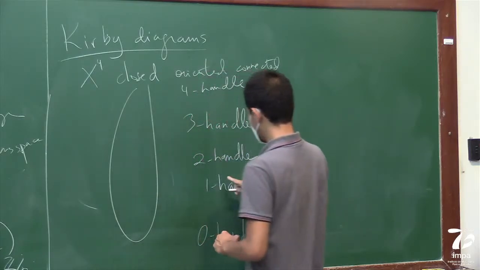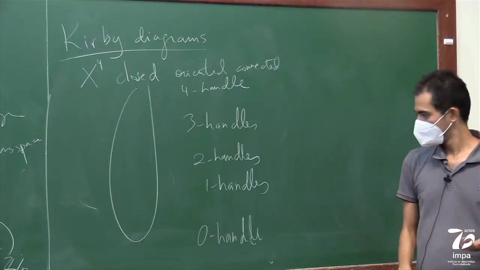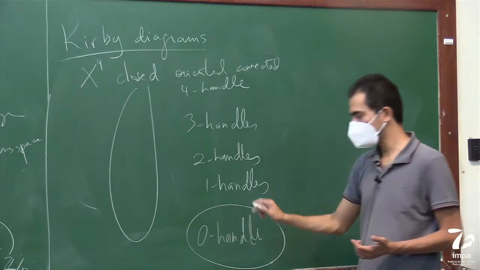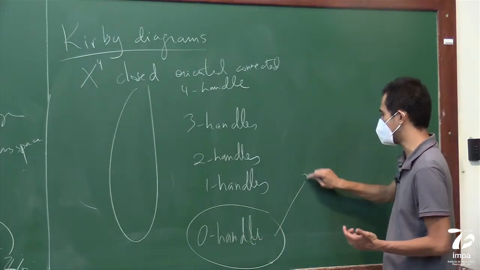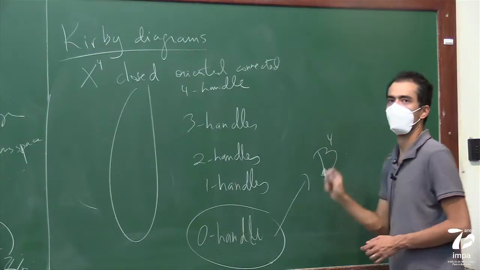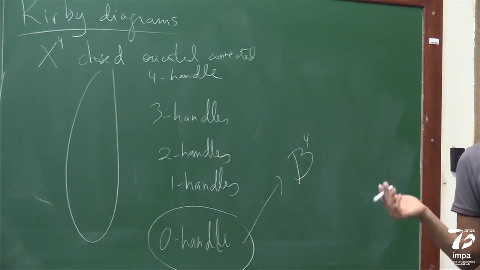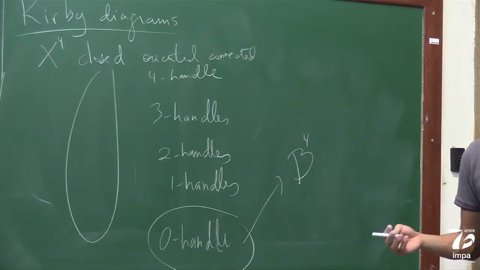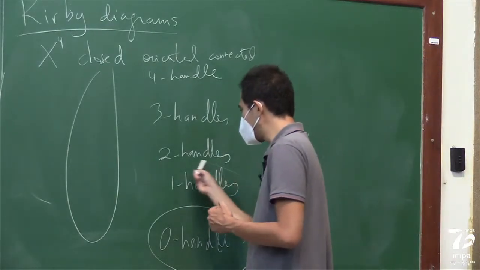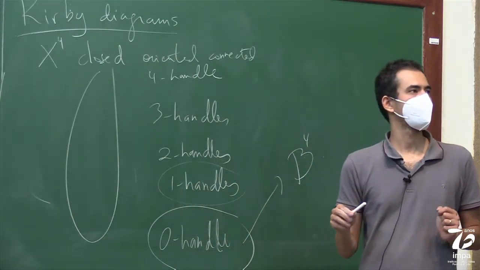So let's see how we can describe these things. Your unique zero handle is a B4, a 4-dimensional ball, which of course I can't draw, but I know what it is. Now the question is, how do we glue the 1 handles?